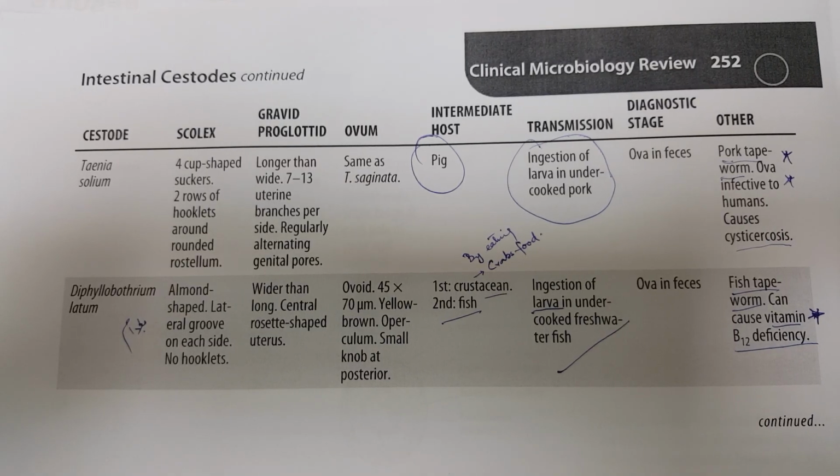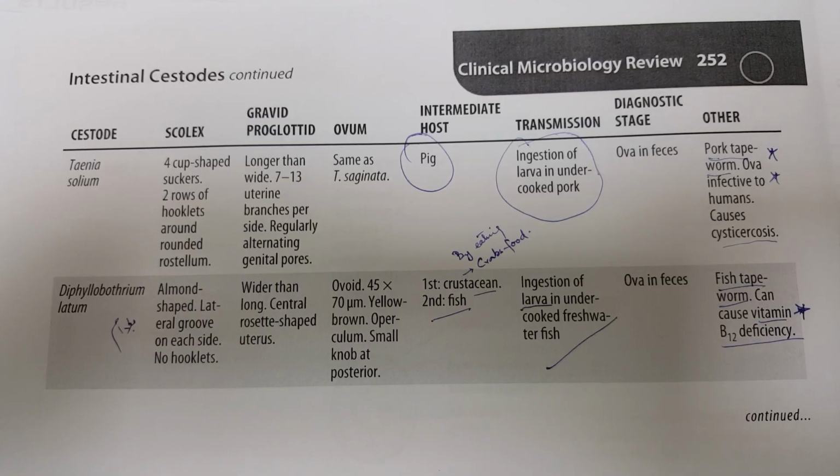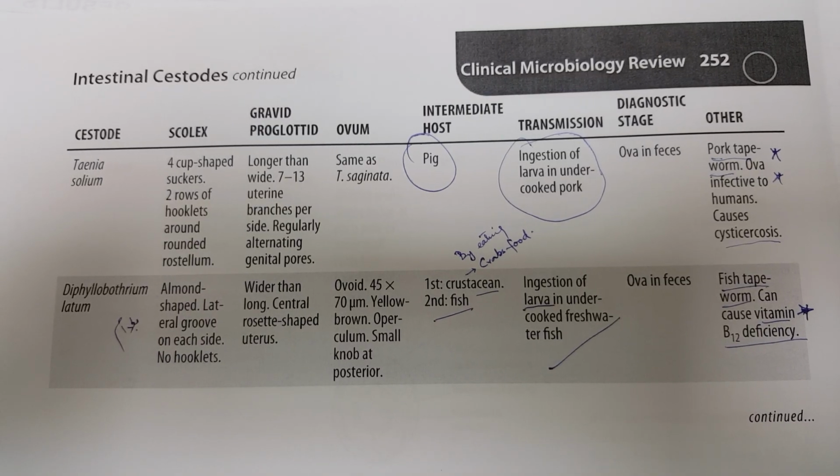Another tapeworm is Diphyllobothrium latum, the fish tapeworm, mostly found in undercooked fish meat.